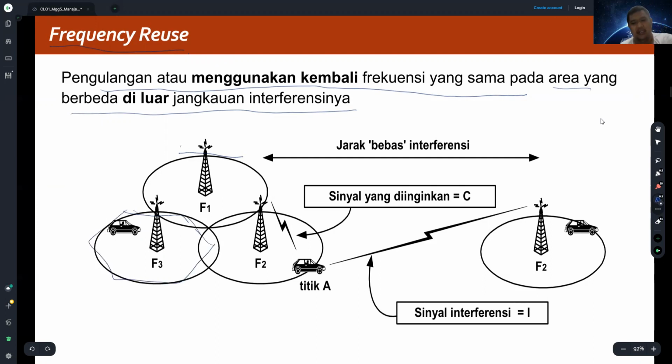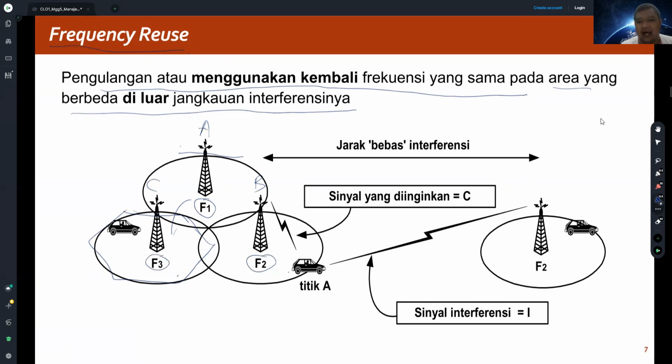Now, usually the frequency between adjacent towers will not be the same. So between tower A, tower B, and tower C, they will each have a different frequency. For example, A is using frequency 1, B is using frequency 2, and C is using frequency 3.